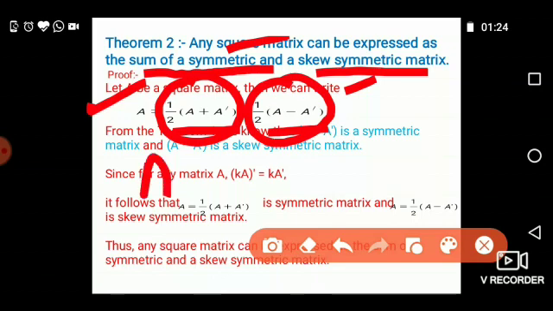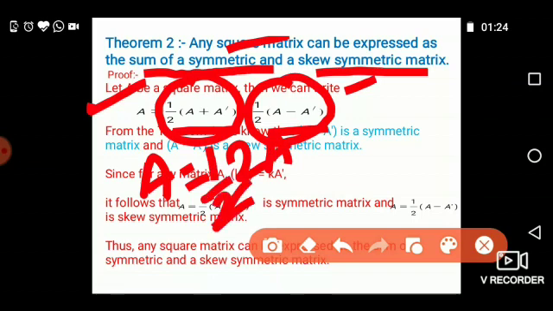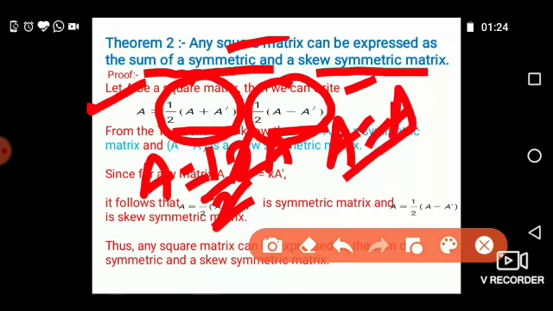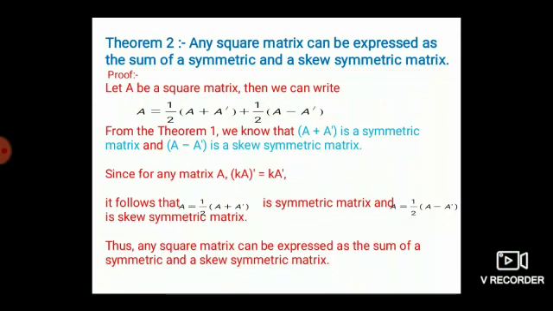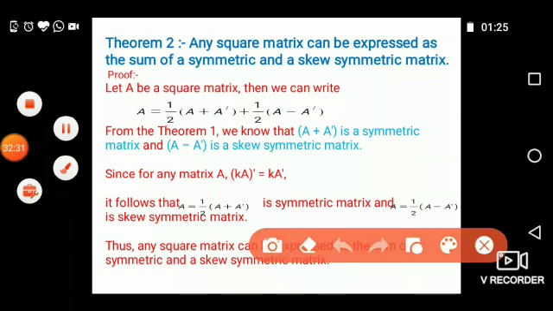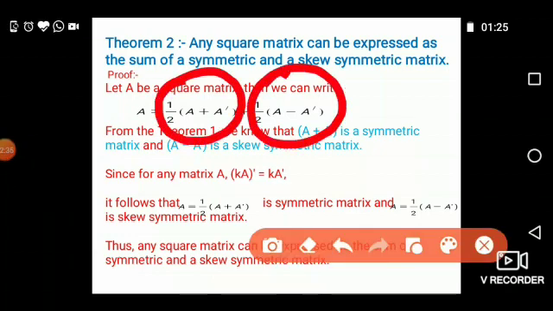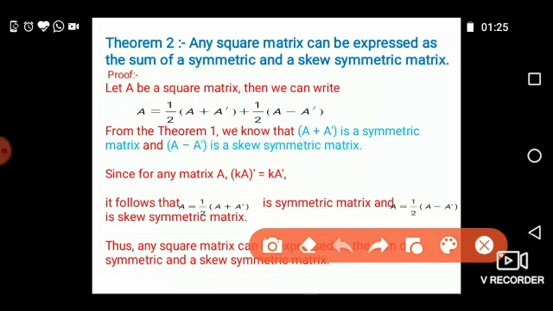Therefore, the sum of these two gives 2A into 1 by 2. 2 cancels, it gives A equals A. Therefore, any matrix can be written as the sum of symmetric and skew symmetric matrix. Or we can say that it is the algebraic sum of 1 by 2 times A plus A dash plus 1 by 2 times A minus A dash.